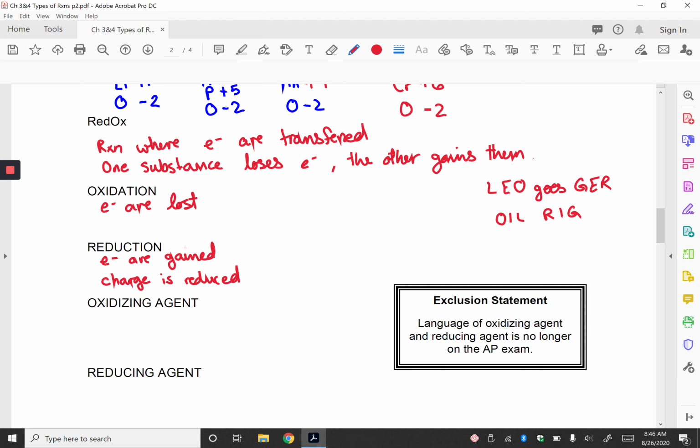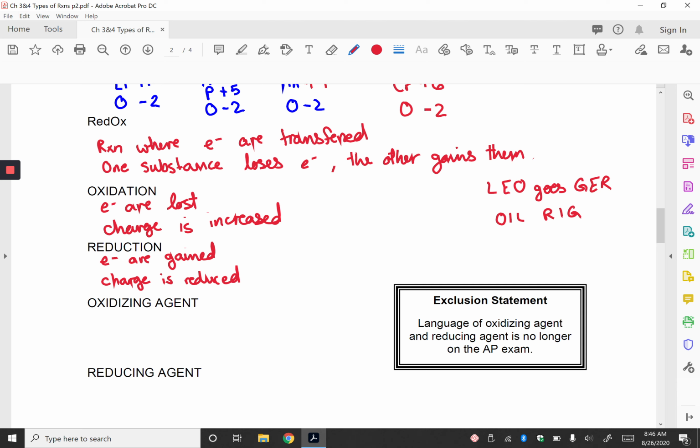I think reduction means charge is reduced, and so the charge is going down. So then what happens with electrons? Electrons are negatively charged, and so if I gain electrons, my charge will go down. Whereas in oxidation, charge is increased. Because if I lose electrons and those electrons are negative, if I lose the negative, I become more positive and my charge goes up.